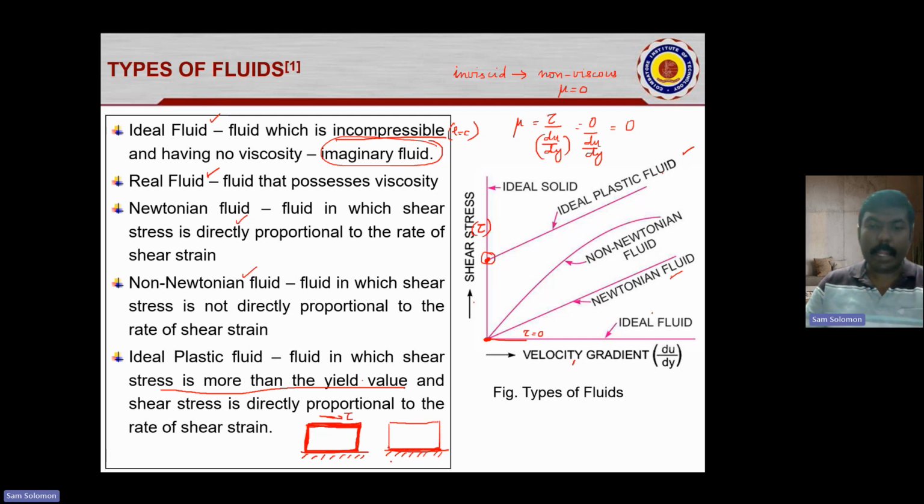Now you can see that once the shear stress is applied, this particular region has shifted over here, and this straight line has shifted over here. So when I apply shear stress, there is a change in this angle of inclination. Previously, it was 90° over here. Now the angle of inclination has changed. Okay.